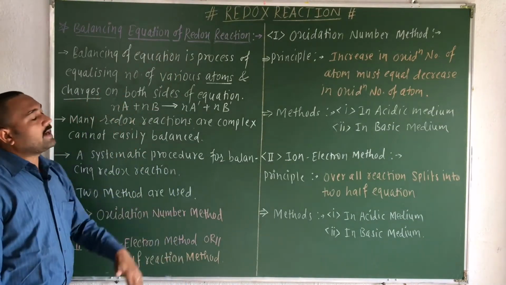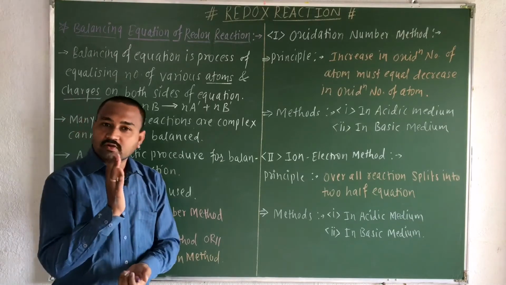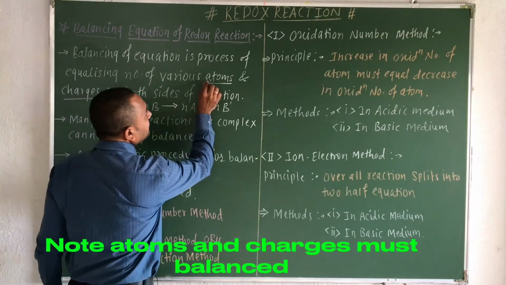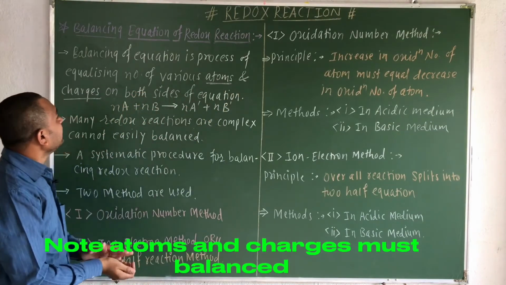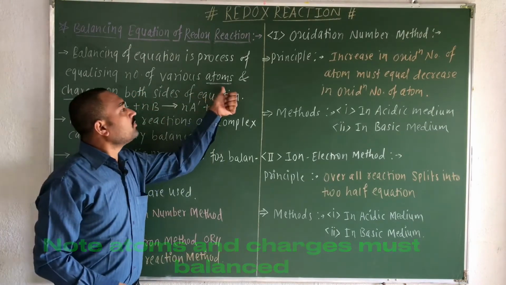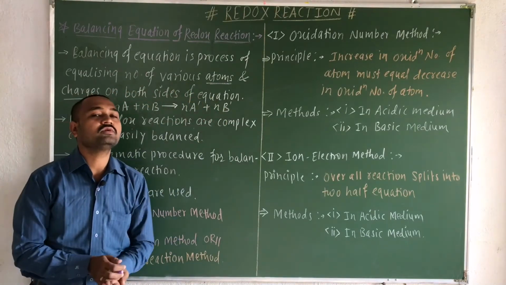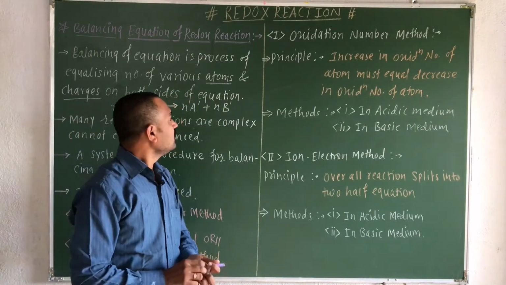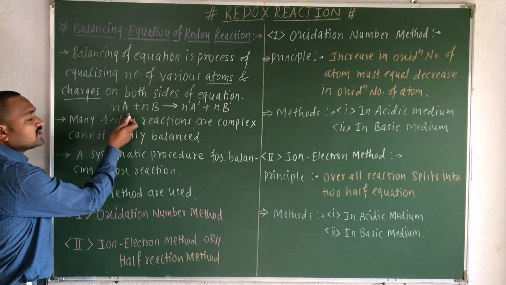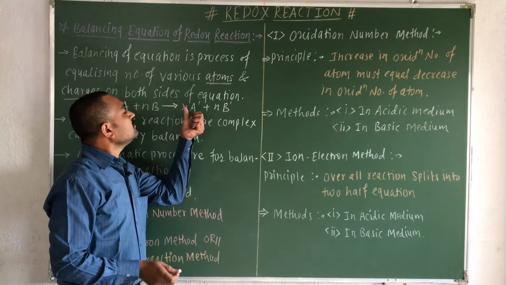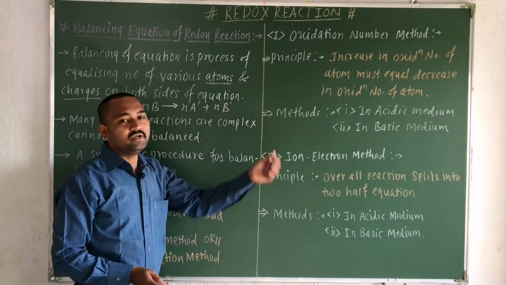Now remember, balancing of an equation for your redox reaction is a procedure for equalizing the number of atoms and the charges. So these are two important words, number of atoms and charges, on both sides of your redox reaction. For example, consider a general reaction, Na plus Nb gives Na dash plus Nb dash.